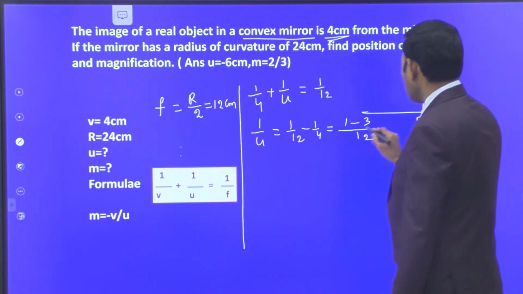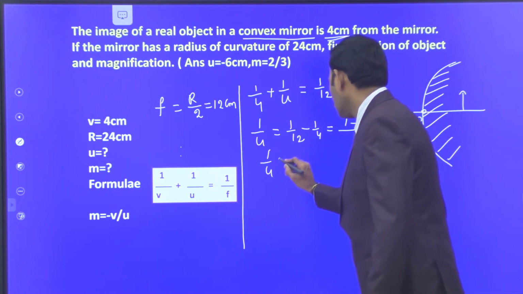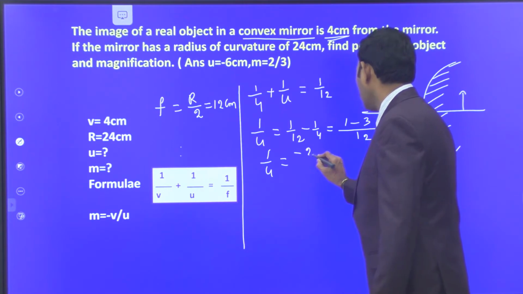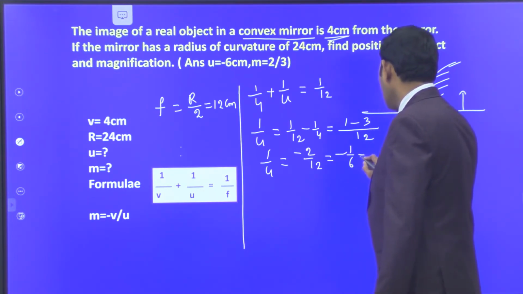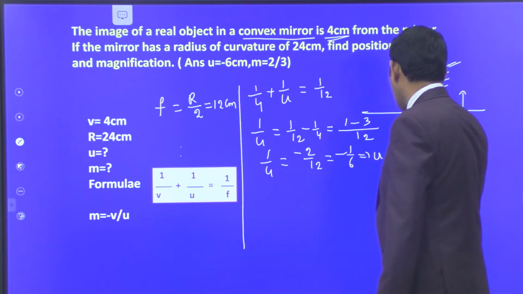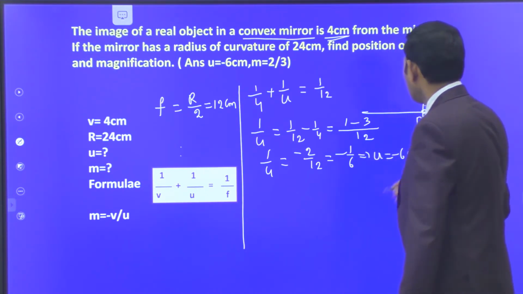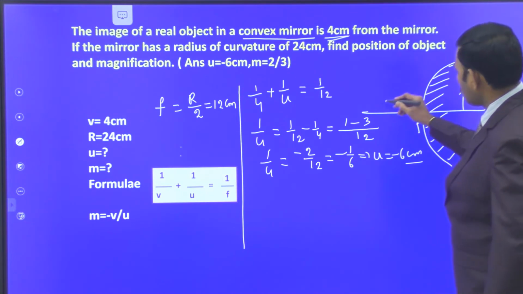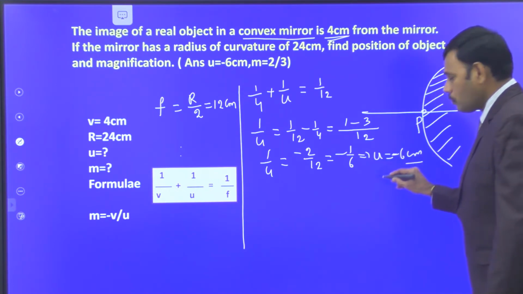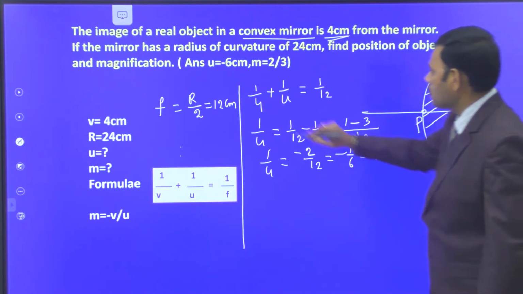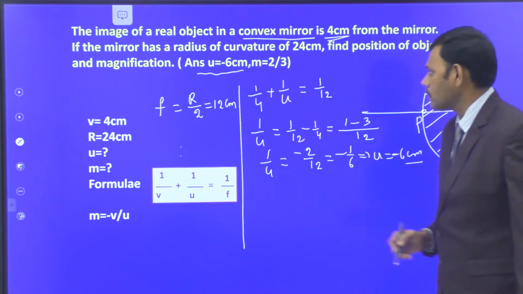So 1 by u is equal to minus 2 divided by 12, that is equal to minus 1 by 6. This implies u is equal to minus 6 centimeters. The object is always kept in front of the mirror, so it has a negative sign. So including sign, u is equal to minus 6 centimeters. Object distance is minus 6 centimeters.